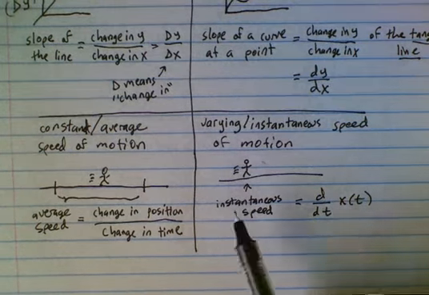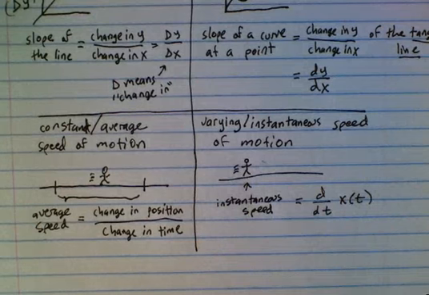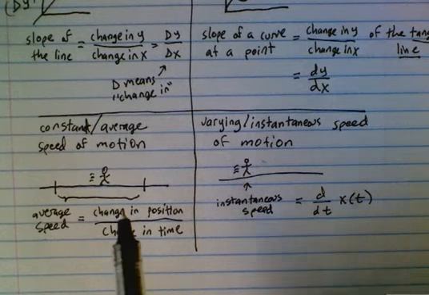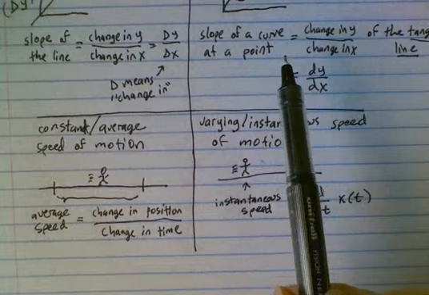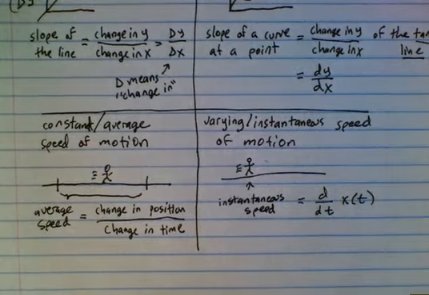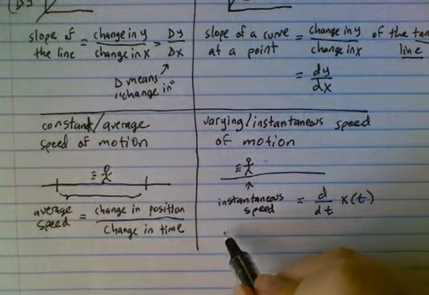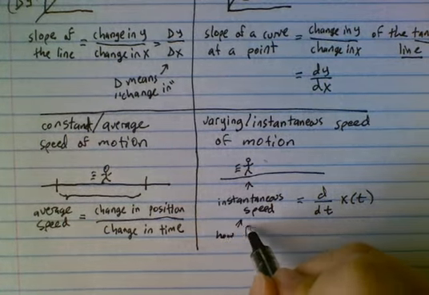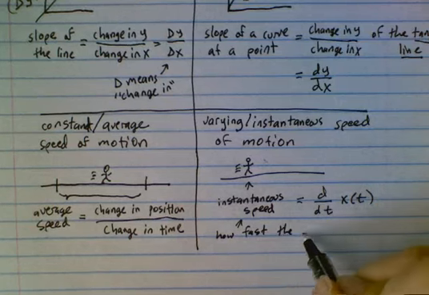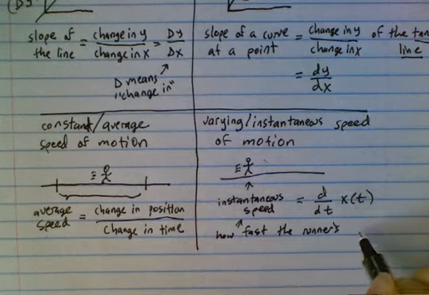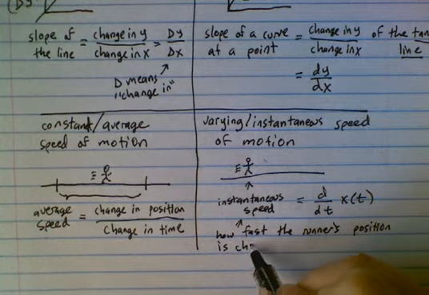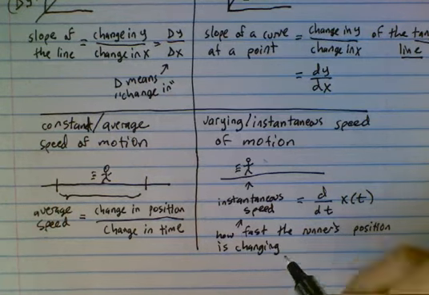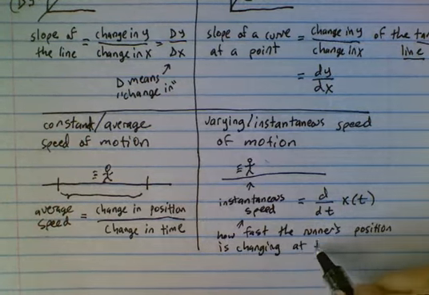We're just going to be using the derivative to find at a single instant what's their speed at that instant, rather than having to figure out average speed over a length of time. It's again that idea of being instant. So this is how fast the runner's position is changing at that instant.